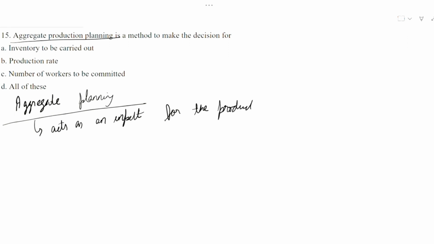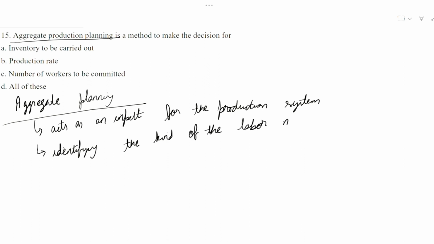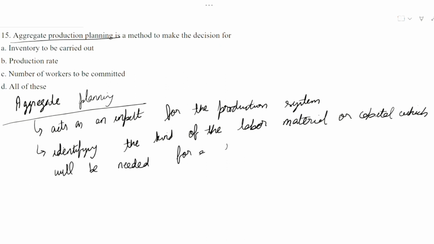It helps in identifying the kind of labor, material or capital which will be needed for a smooth production.